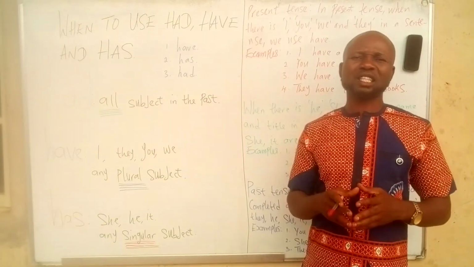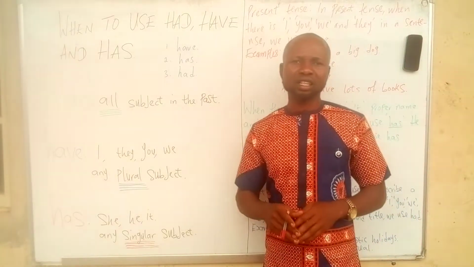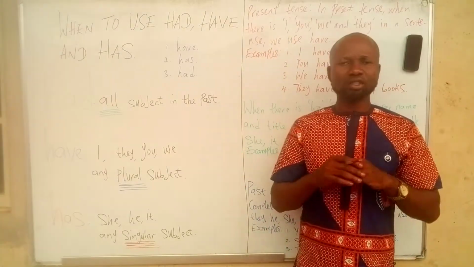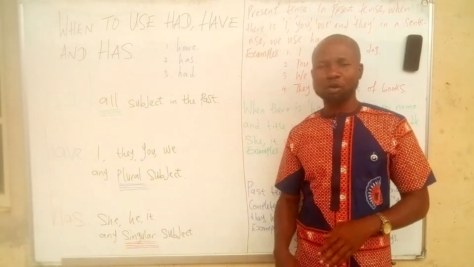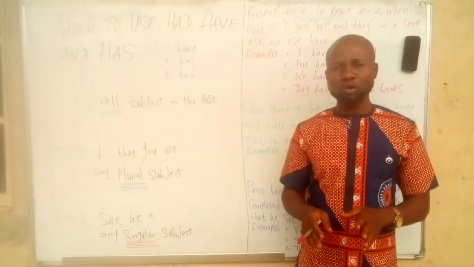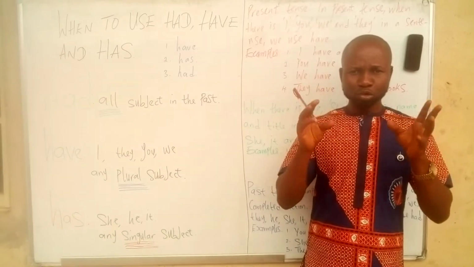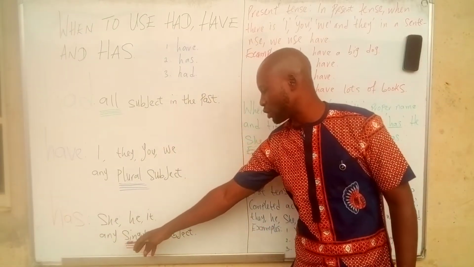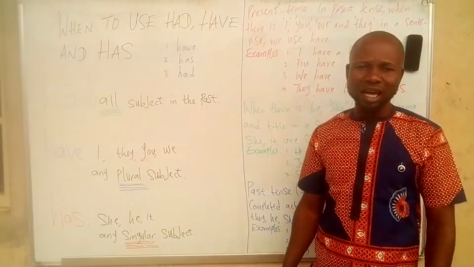What I normally explain neutral as is neither here nor there. So once something is neutral, we use it. But one thing that is common, which is the rule for using has, is that it must be with any singular subject.